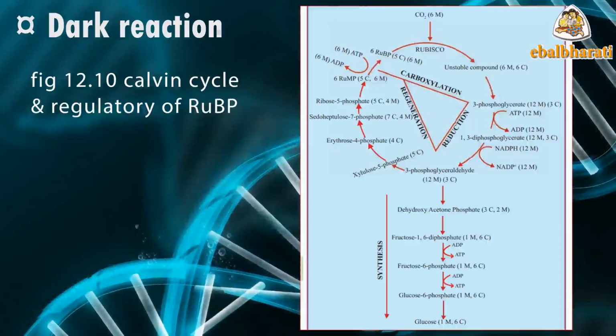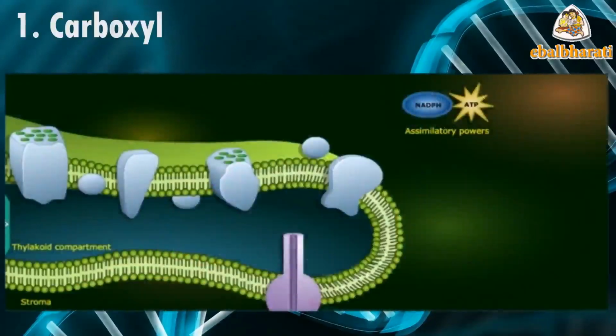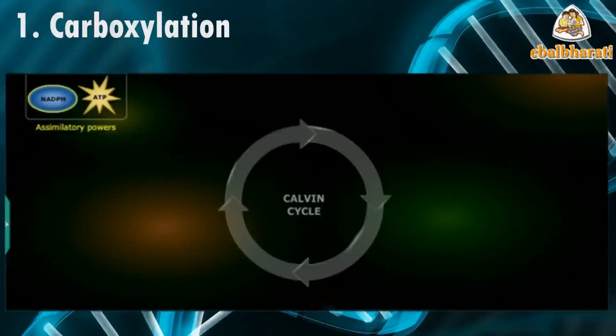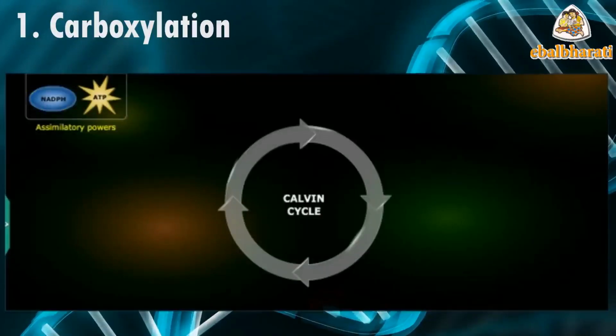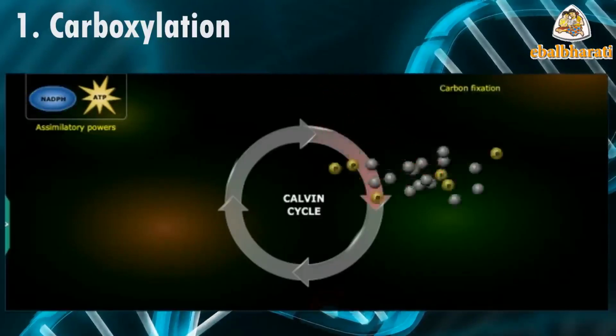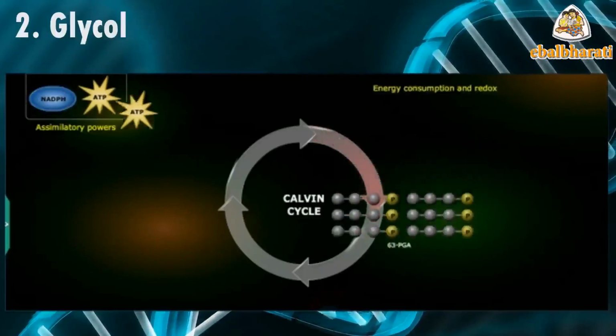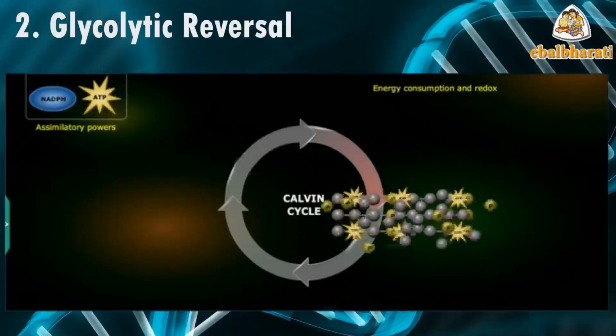Carboxylation. CO2 reduction starts with a 5-carbon sugar, ribulose 1,5-bisphosphate, that is denoted as RuBP. It is a 5-carbon pentose sugar with 2 phosphate groups attached to it. Glycolytic reversal.